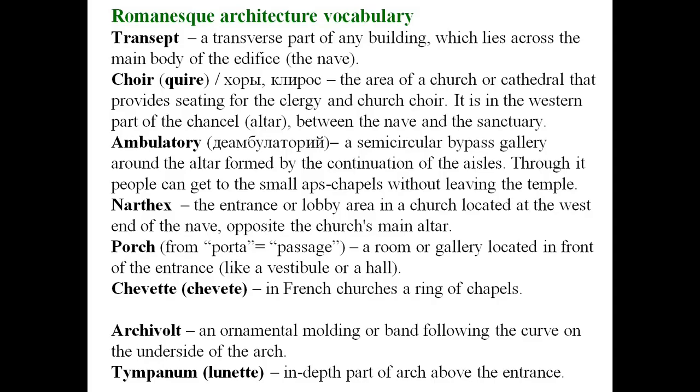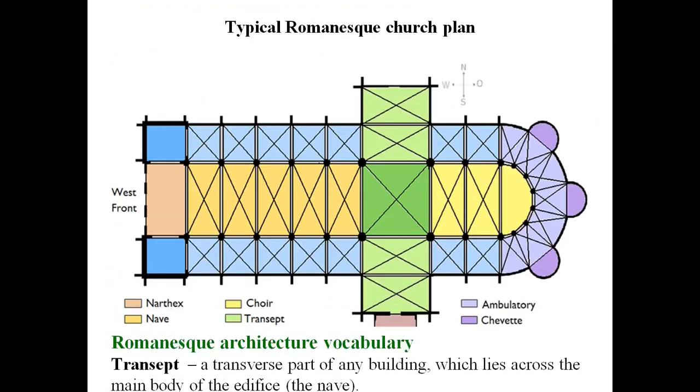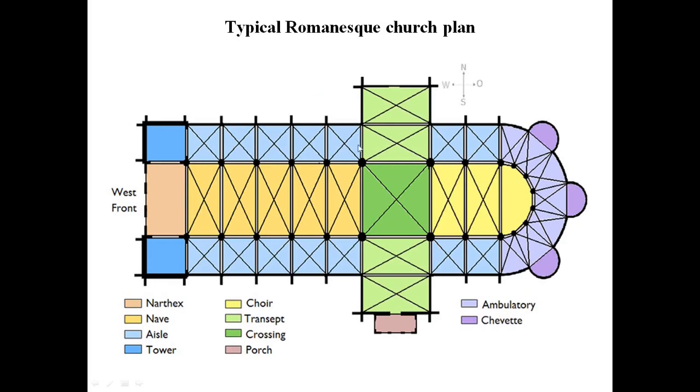In this slide we can see the main terminology, the main vocabulary, so let's get familiar with it. Transept, what is that? It is a transverse part of any building which lies across the main body of the edifice or the nave. Let me show you in the previous slide. So here is the transept.